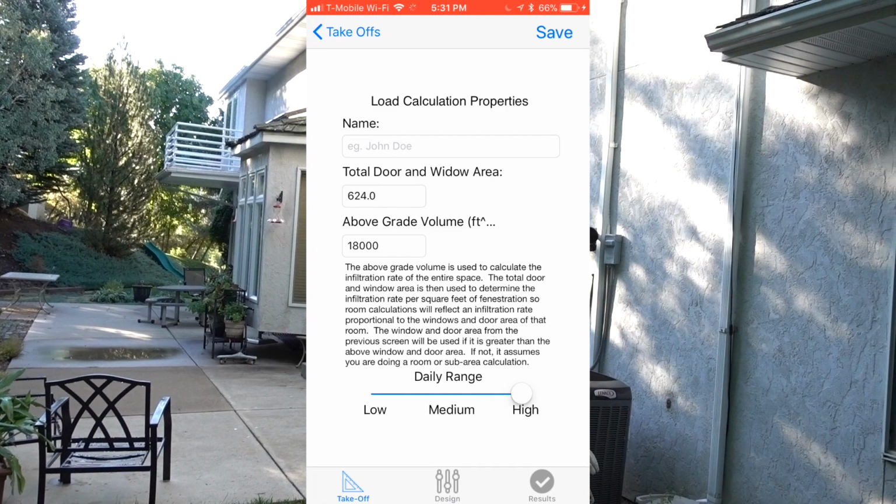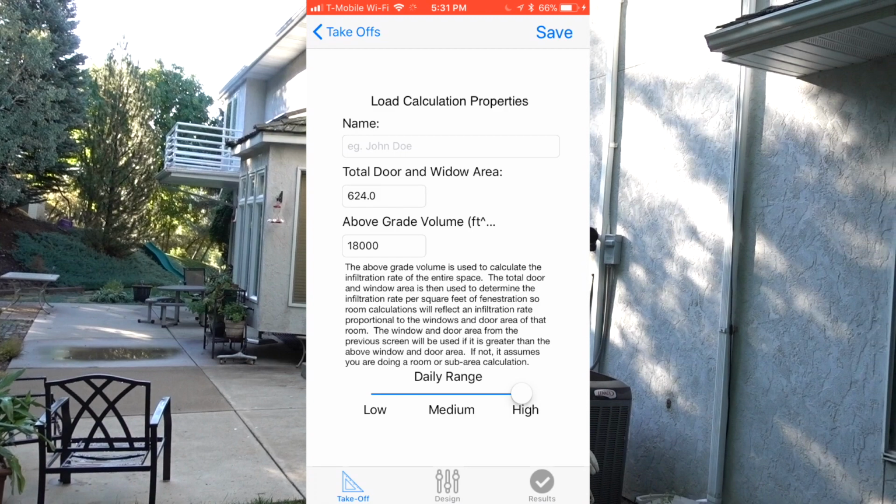So, for example, if you have 0 in there, and then in your takeoff you have something greater than 0, it'll use your takeoff, the sum of your glass, as the total door and window area. But if, for example, you have 1,000 square feet in there of total door and window area, and your takeoff only adds up to 500 square feet, it will not replace the total door and window area figure in there.